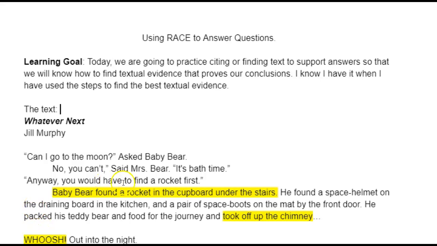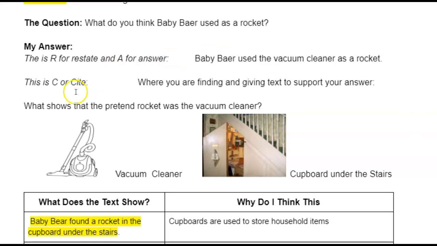It says Baby Bear found a rocket in the cupboard under the stairs. So I look at the word rocket here, and I know the question said to me, what do you think Baby Bear used as a rocket? So this word here fits the textual evidence, which is also down here called the rocket.